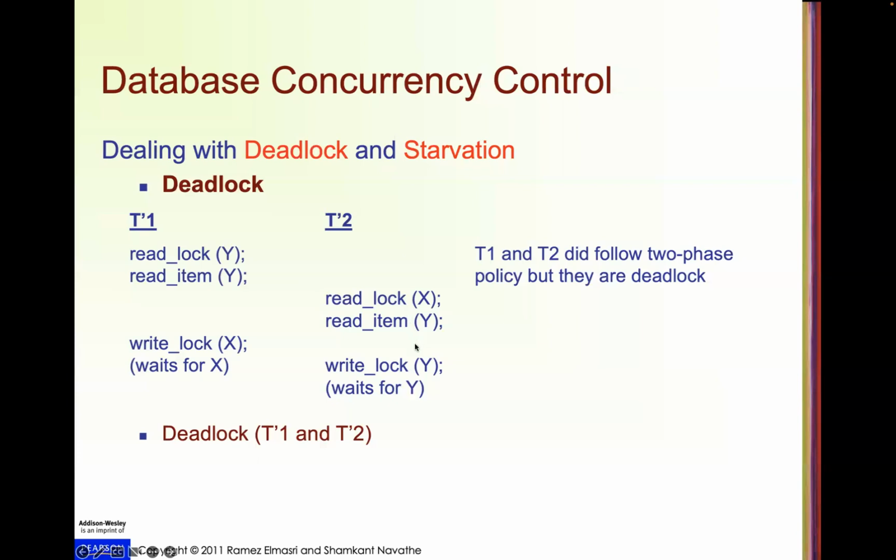T2 is waiting for applying the write lock for Y and T1 is holding it with the read lock. So they are waiting for each other and they go into a deadlock. T1 cannot finish until T2 finishes. T2 cannot finish until T1 finishes. As a result, both of them are waiting for each other. T1 and T2 are following the two-phase locking, but they are getting into the deadlock.